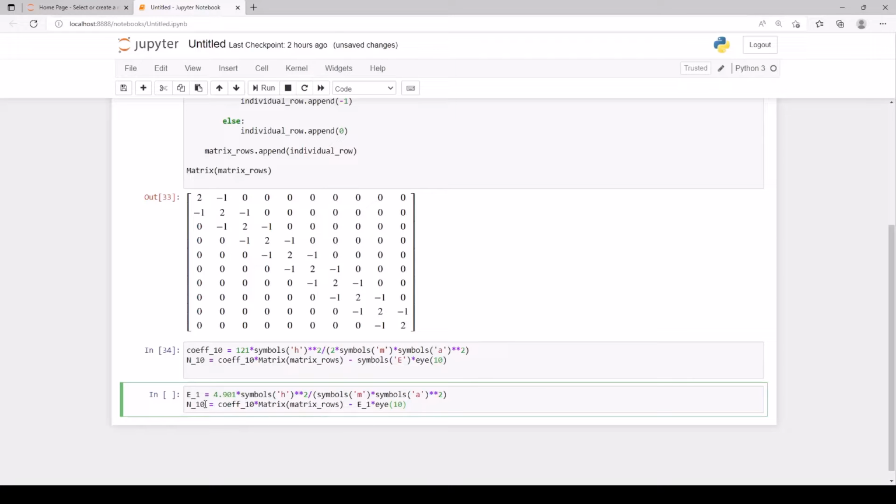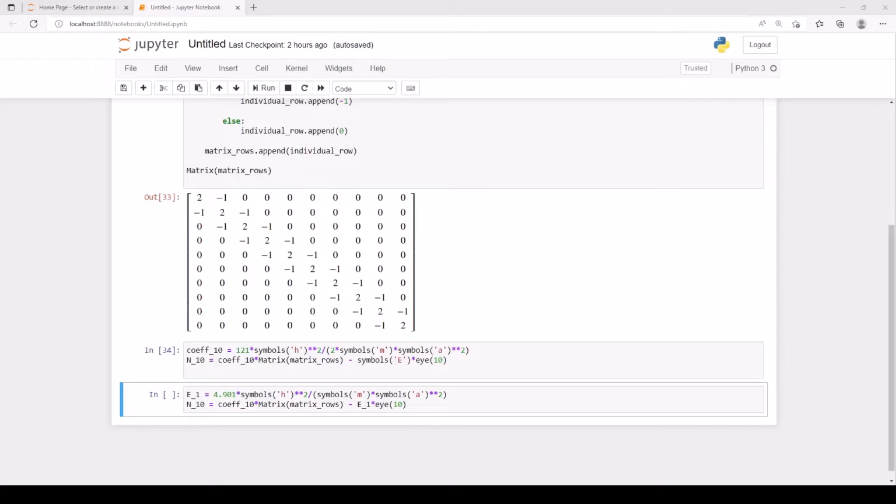So I'm going to redefine n10 with the coefficient times 10 times the matrix. This time, instead of subtracting E times identity, it's E1 times the identity. So basically, I'm redefining the matrix that we had from part C, this time with an actual value for E1 instead of just the variable E.